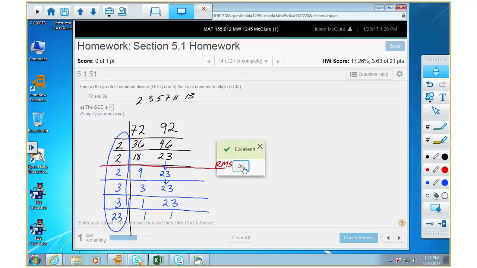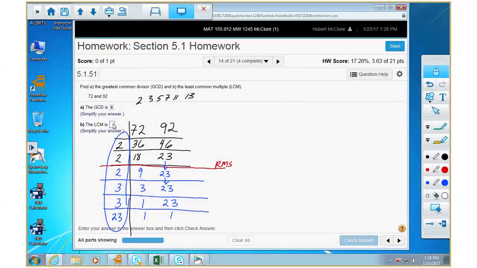The lowest common multiple, well, let's see. 23, that's a hard number to multiply, so I'm going to multiply by 20, whatever I get. This is 9 times what? 8? What's 9 times 8? 72 times 20. So let's see, 72 times 20 is 144, right? 72 times 3 is 216.